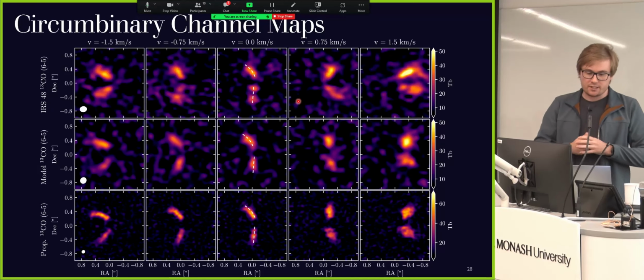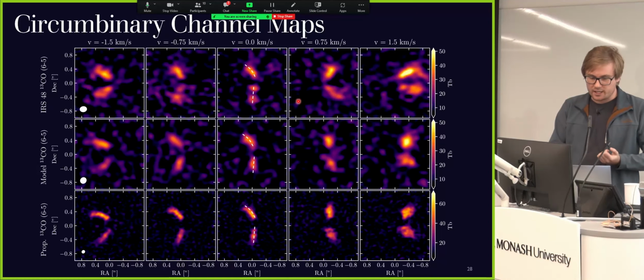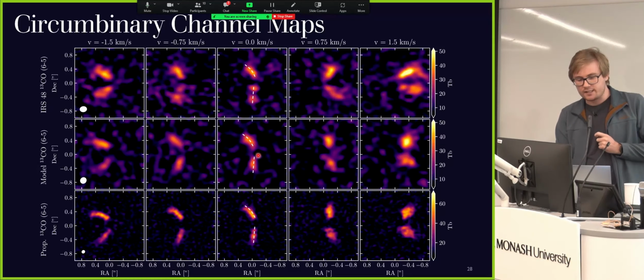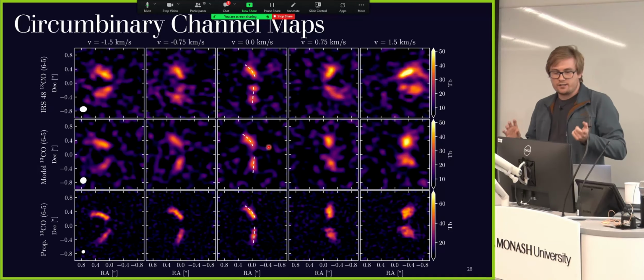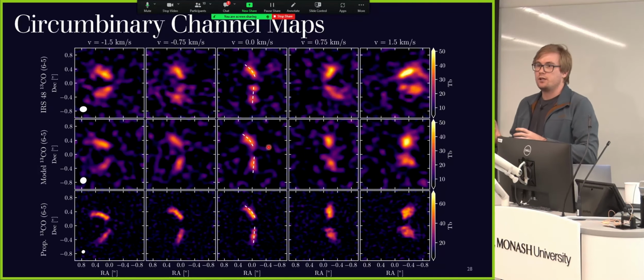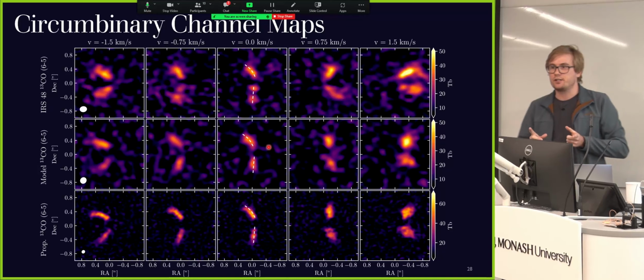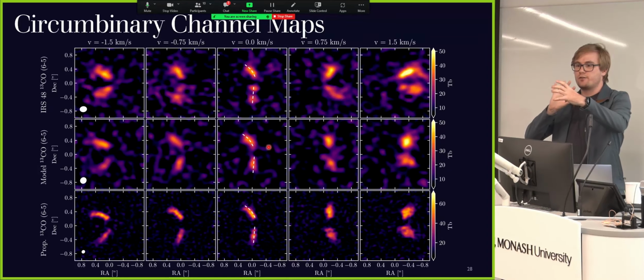So here are my predictions if IRS-48 is a circumbinary disk. The top row is observations, the middle row is my simulation, and noise has been added so it's on a similar level to the observations. And you can see that this deflection of the isovelocity curves is recovered. The reason that deflection is there at all is that the disk itself is eccentric, and we're looking at it off angle.